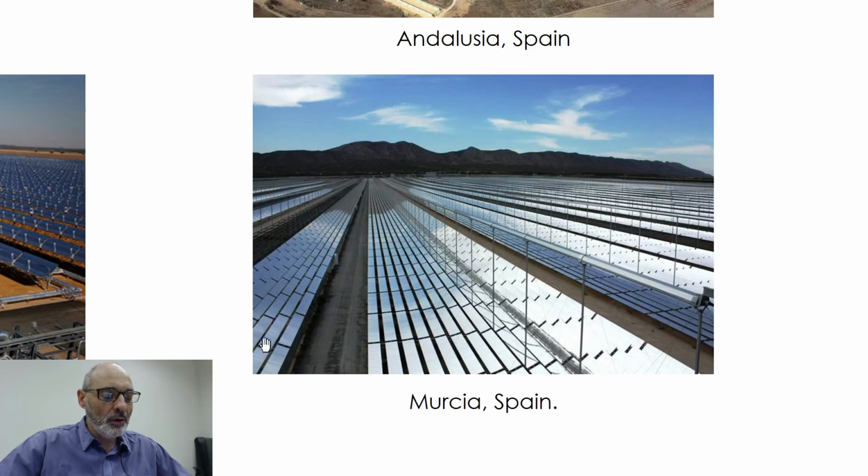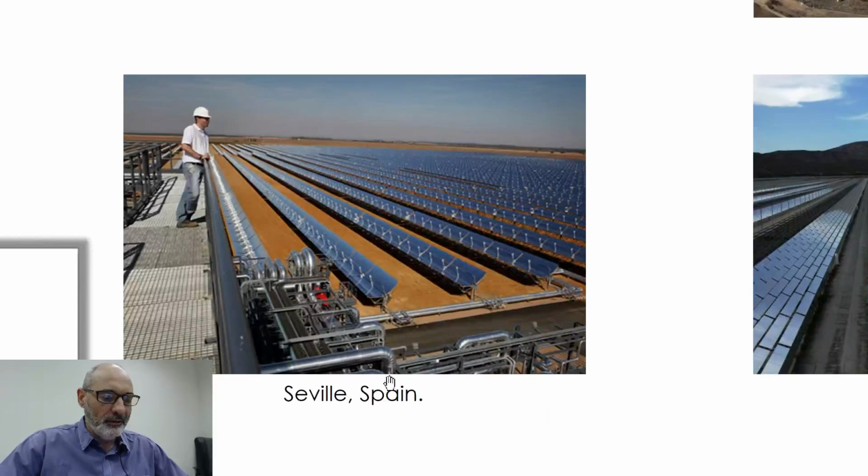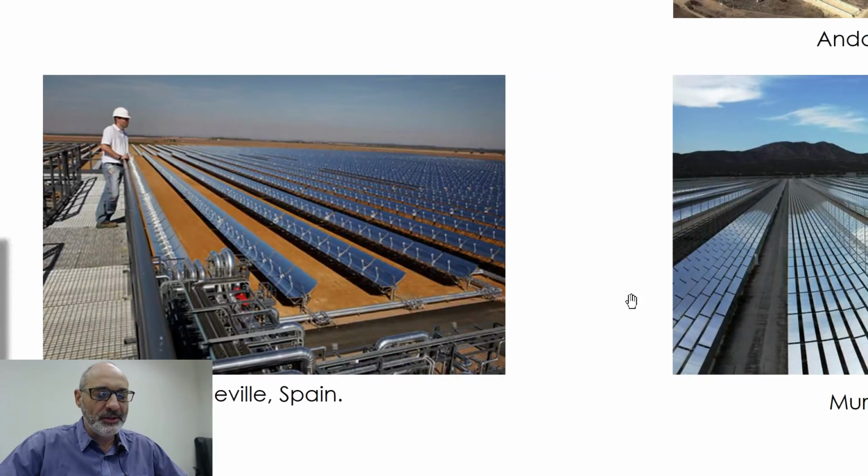You may also have what we call a parabolic trough. In Portuguese, we use the word calha, or cocho, as for the cattle. Let me focus here in order for you to see. The difference is that you don't have a series of flat mirrors.